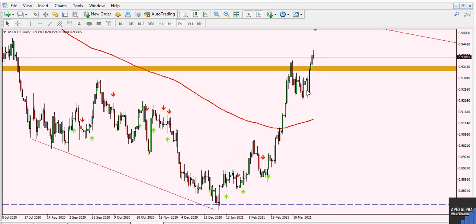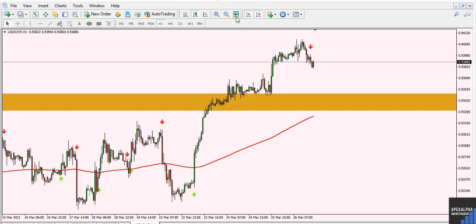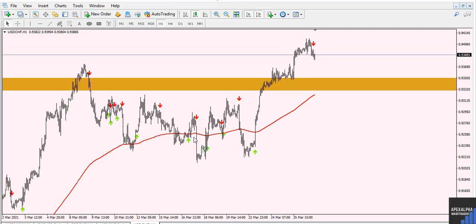Okay, I hope I'm not getting too technical here. But you can see here, it was the wave 4 here. Once it ended, we were able to get wave 1, 2, 3, 4, and 5, which if I go down to the 1-hour time frame, you can see clearly here. Okay, 1, 2, 3, 4, and 5.